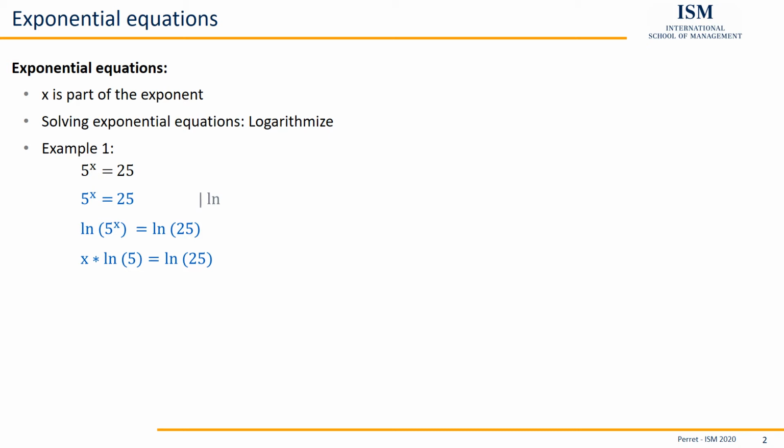Then we simply divide by ln of 5, and we get ln of 25 divided by ln of 5, which is 2. So the x we're looking for here is 2, which obviously makes sense if we were to insert this again in our equation.